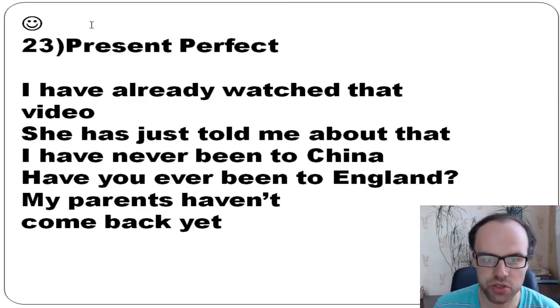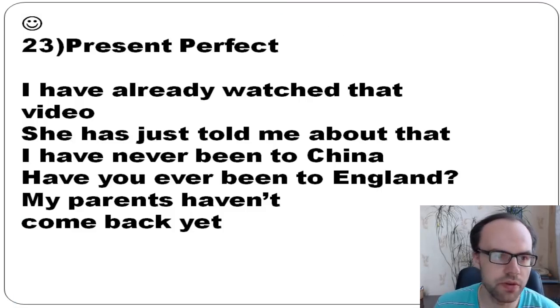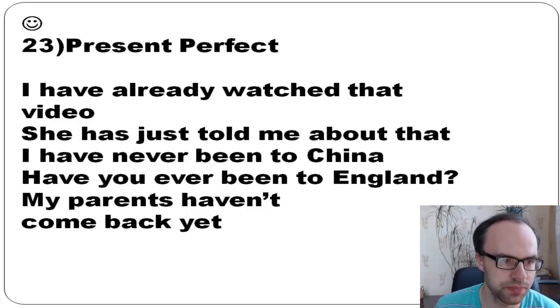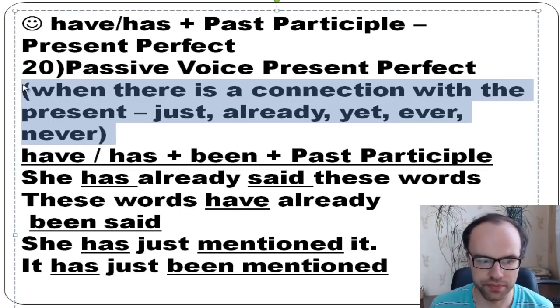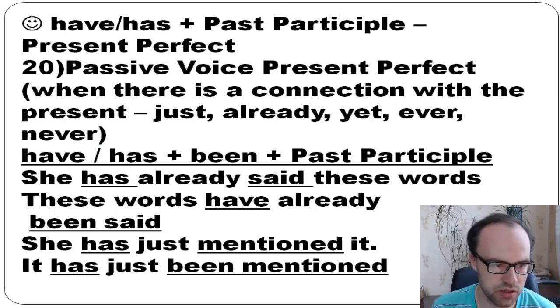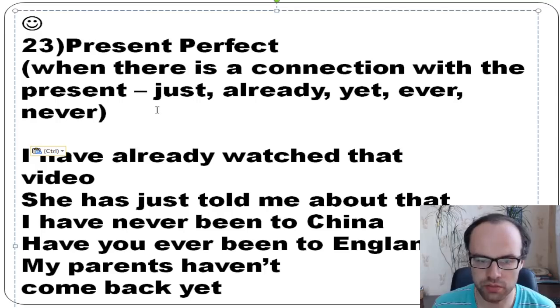So present perfect. We talked about present perfect passive. Let's talk about present perfect. So you remember that we use it with such words as, let's look at this information one more time.